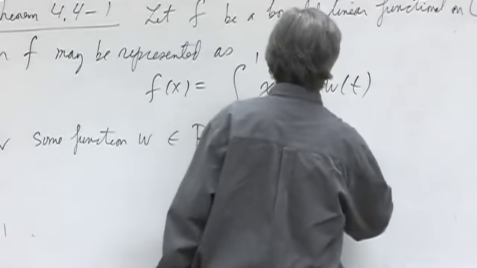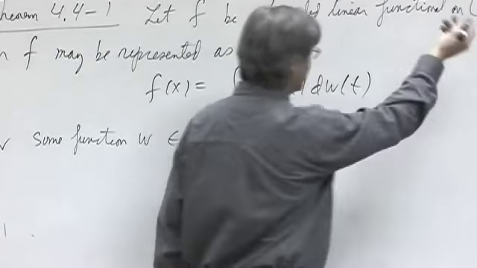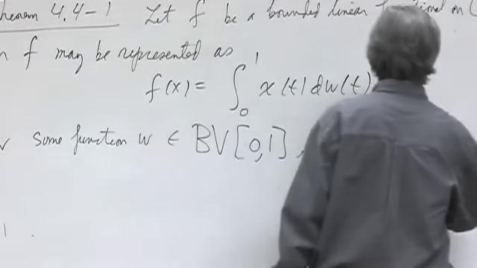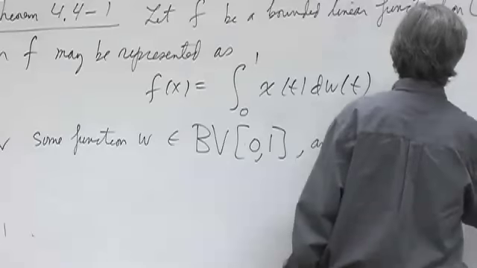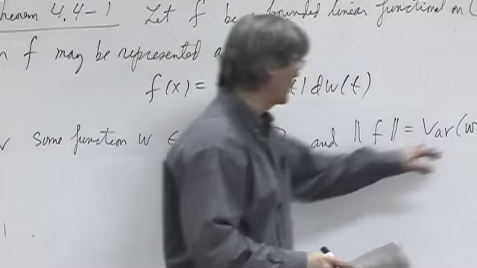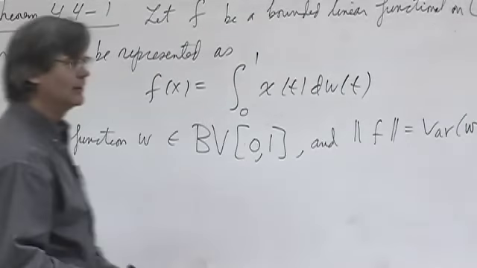And the norm of f, which is already given because f is a bounded linear functional, is equal to the total variation of w, so-called.